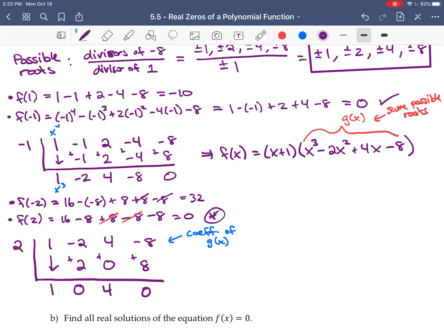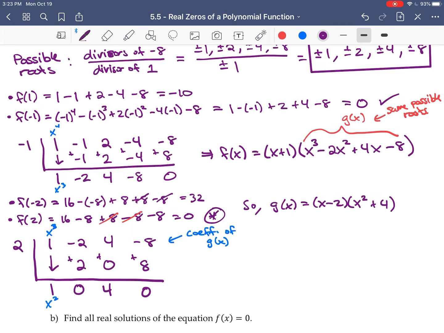So this means g of x factors as x minus 2 times, so this was x cubed, so this one's going to be x squared. So it's going to be x squared plus 0x plus 4.